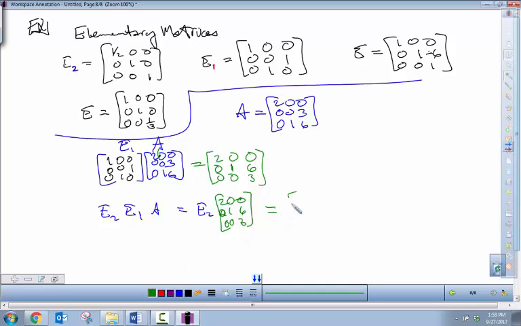Now E2 is 1/2, 0, 0, 0, 1, 0, 0, 0, 1, and we'll multiply that by the matrix that we just got. When we do that, we'll see that the first row becomes 1, 0, 0, and nothing else will change. Right?